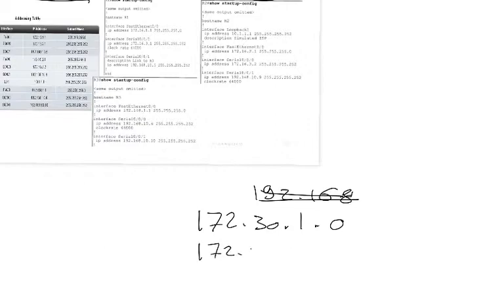If you have a network which is, let's say, 172.30.1.0, this is a class B. And another network which is 172.30, let's say 2.0. Oh, sorry.